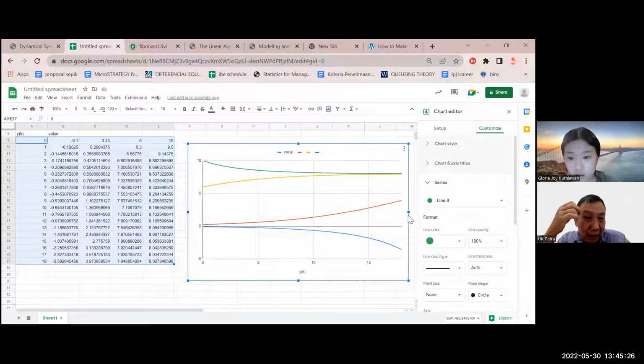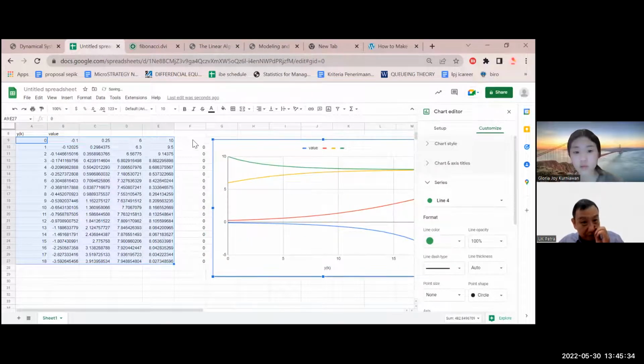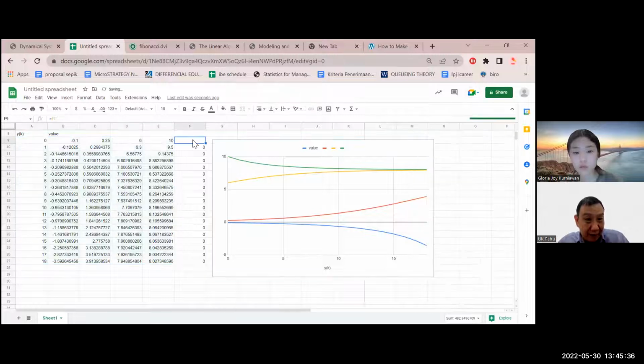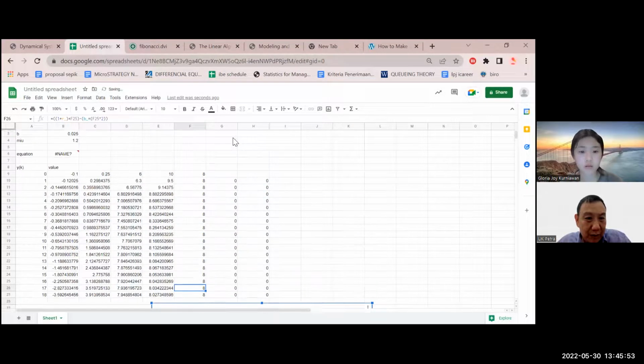If you expand this with one more line in column F, for example, and put 8 there, that is an equilibrium. The same thing if you put in column G, you start with 0, for example.